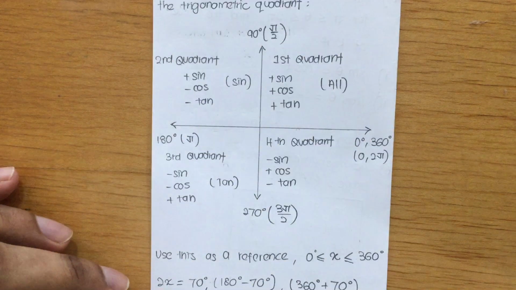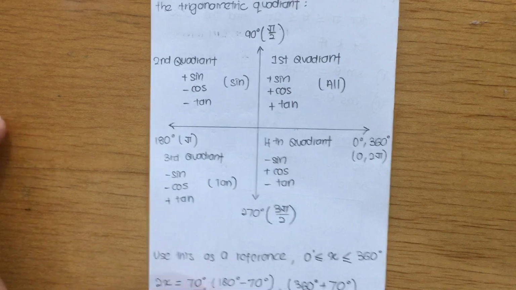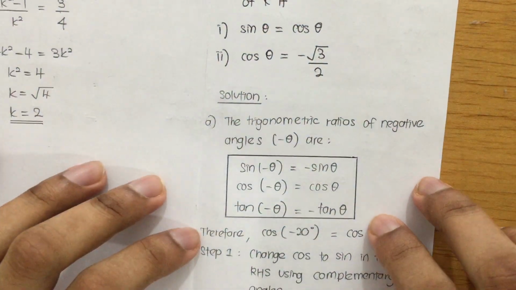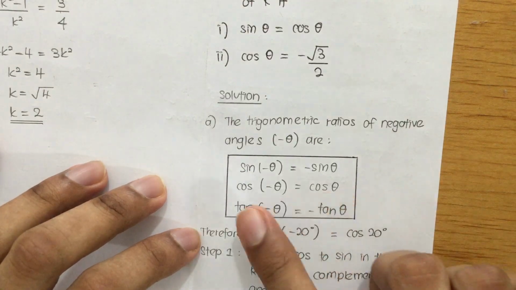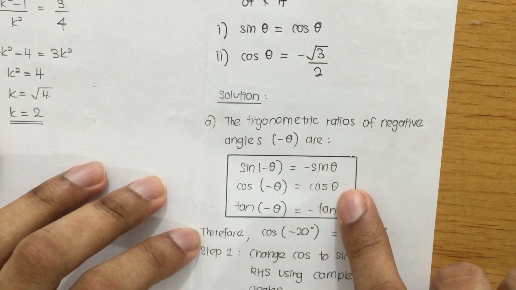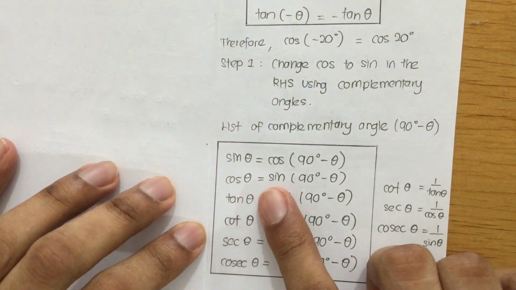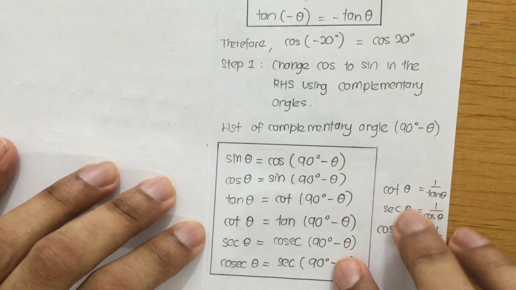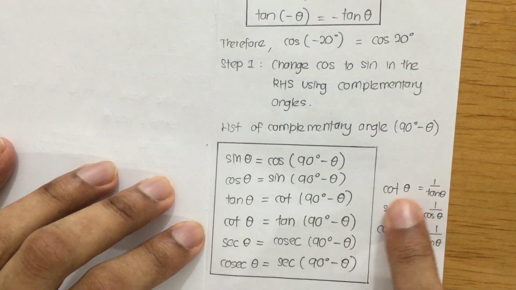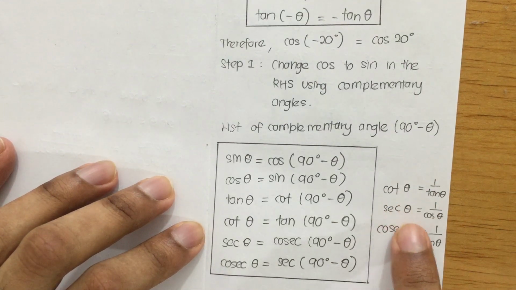Okay, let me give you a short recap of what we have done so far. The first step is I changed the negative cosine value into a positive cosine, and then I used the complementary angle: cosine theta is equal to sine of 90 degrees minus theta. Then I explained what cotangent theta, secant theta and cosecant theta are.